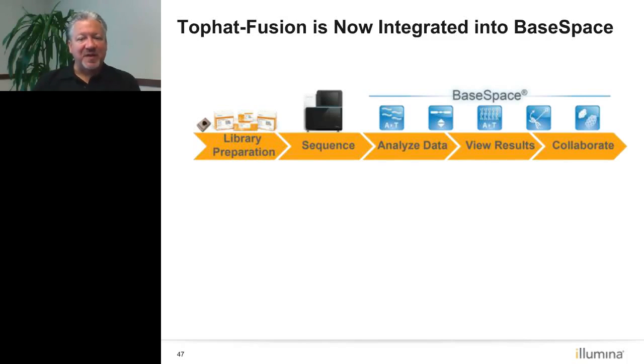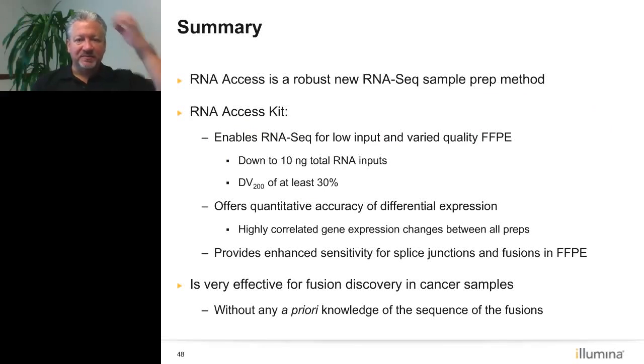There are lots of algorithms out there in the world that claim to be better or different, and of course you're free to use those algorithms on this data. I will just say that in TopHat, it's as easy as clicking that box when you set off the run. That's one of the few options that you have, and then you can essentially detect fusions and generate those numbers like I've been showing you throughout this presentation.